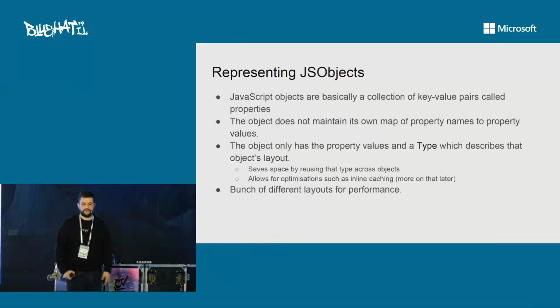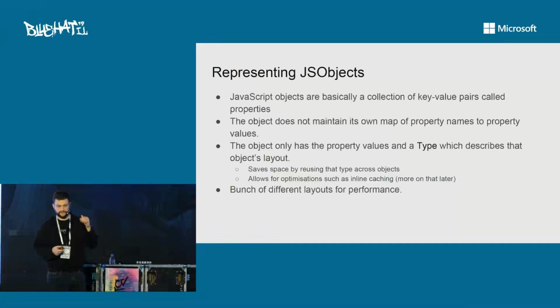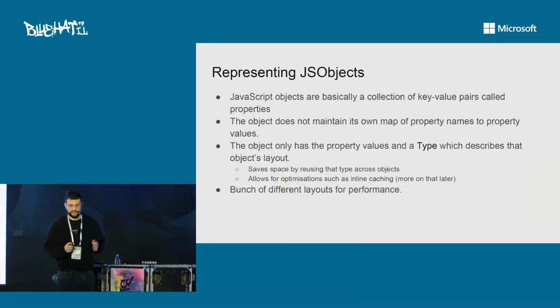Those objects, commonly referred to as JS objects in all the major engines, we'll talk about them now. JavaScript objects are basically a dictionary, a collection of key value pairs that are called properties. The interesting thing to note is that each object does not maintain its own map of property names to property values, and this is something that all JS engines do these days.